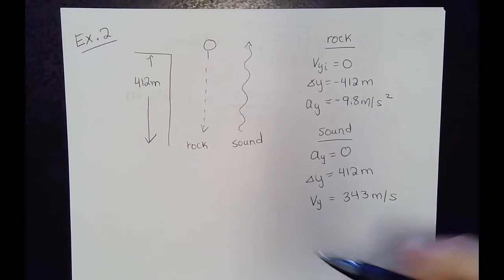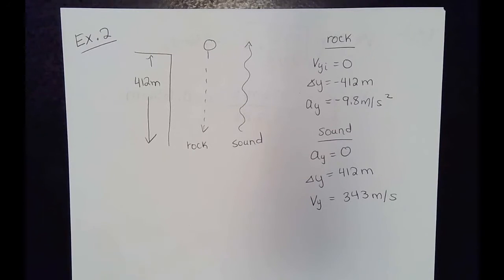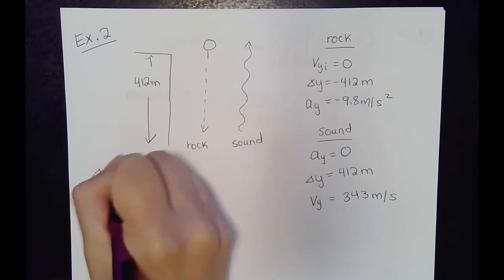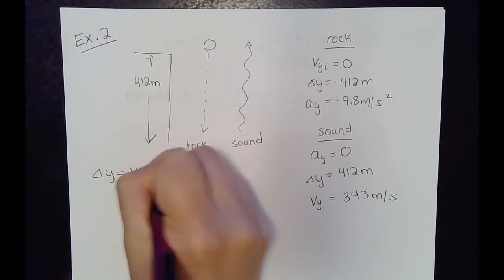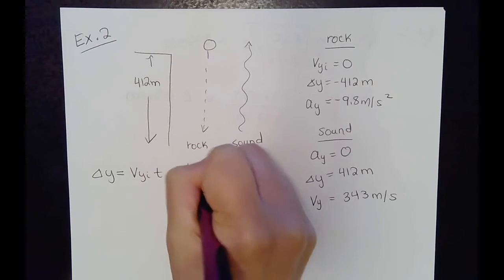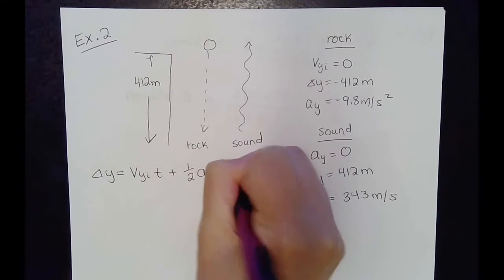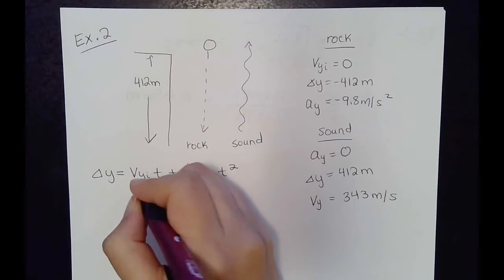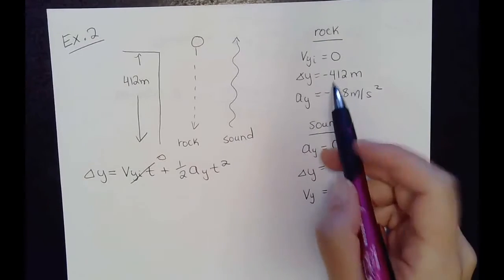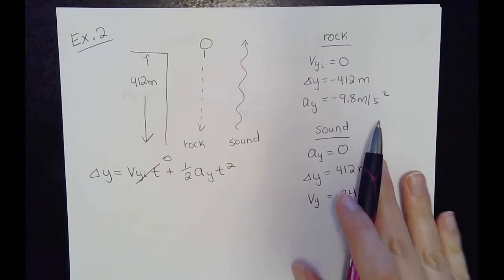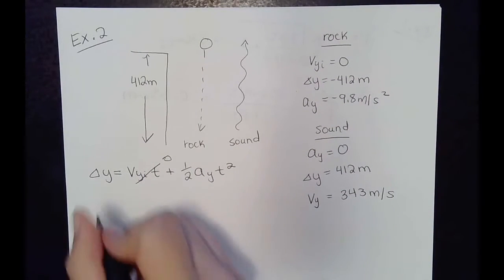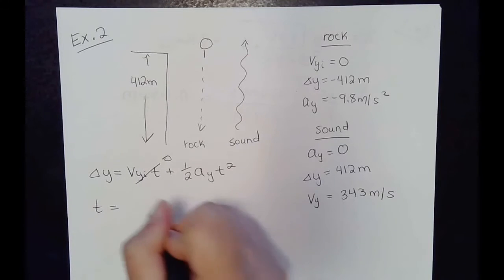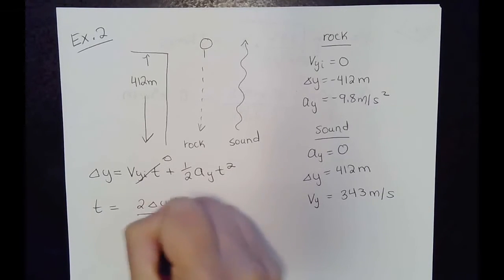So we need to choose a kinematics equation that works here to find time. So it will be delta y equals Vyi t plus 1/2 ay t squared. And if you use different notation, that's not a problem. And then that term is 0 since it starts from 0. Okay. And then we can solve for the time. So the time it takes the rock to fall is the root of 2 delta y over a.